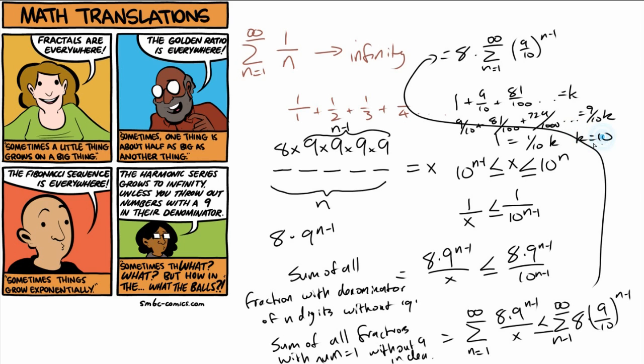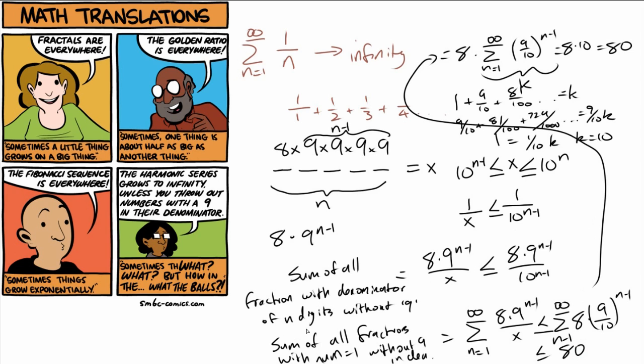K equals 10. So if this is k, that means this is equal to 8 times 10, which is 80. It looks like this converges. So this is getting really messy, but this value right here is less than or equal to 80.